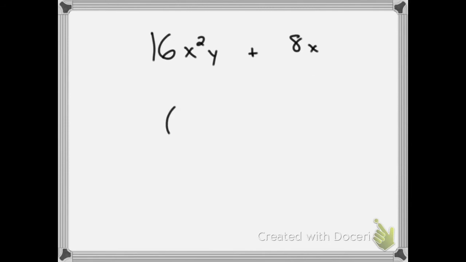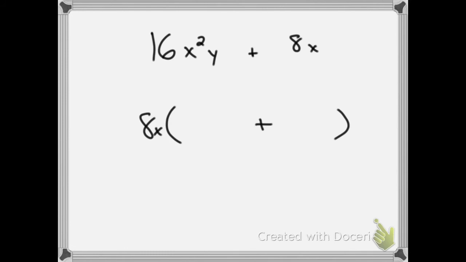All right, let's step it up a bit. So we have this, our skeleton, more or less, our framework. So whole numbers first. Okay, let's take it in stride. So we could use 4, right? But we actually could use a possibly larger number, which will be 8. Okay. Now we have an x for both, but we also have an x squared. So watch what's happened here. We're going to take an x out, right? The y is only with the first term, so we can't pull that out.